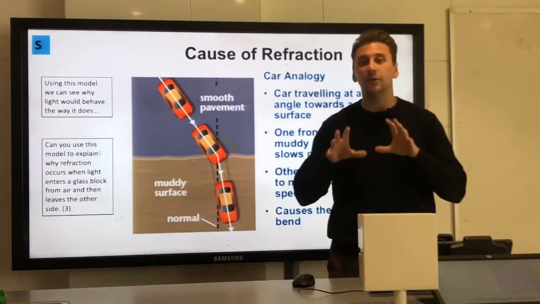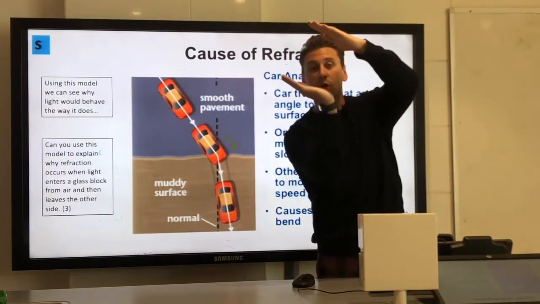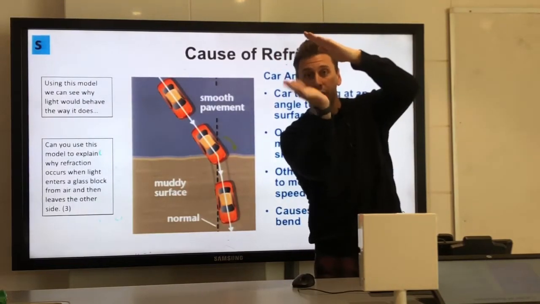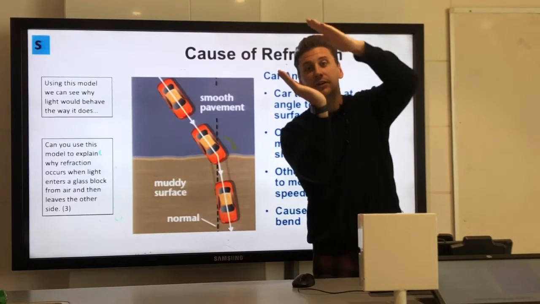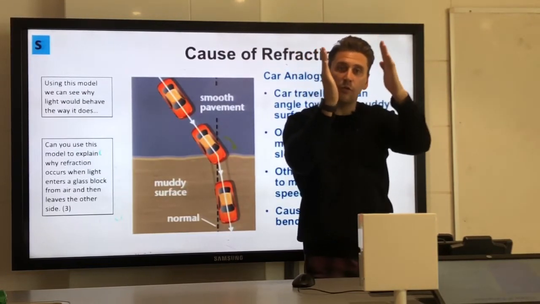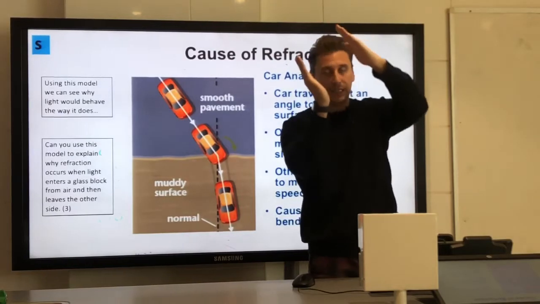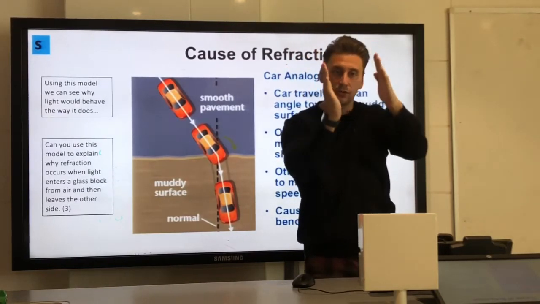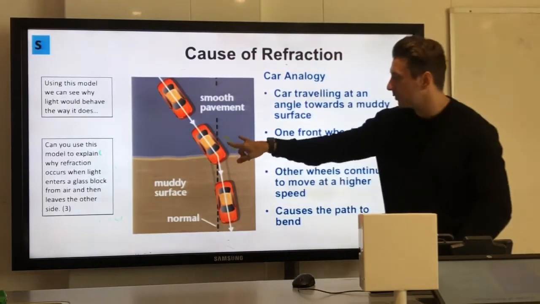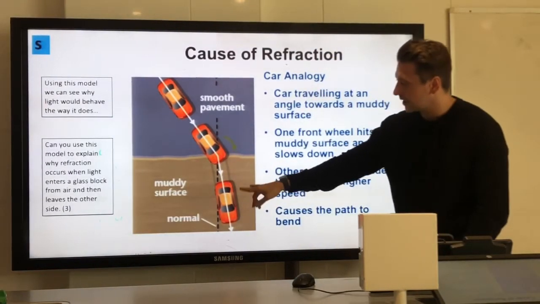So if light slows down, it means that one side of the light, which we're going to look at in a second, slows down first, the other side carries on at a faster speed for a short period of time, and it actually takes over and turns the object, the light, the car, it turns it towards the normal until it reaches the mud itself, and now it will travel through the mud, the tires on each side at the same speed.